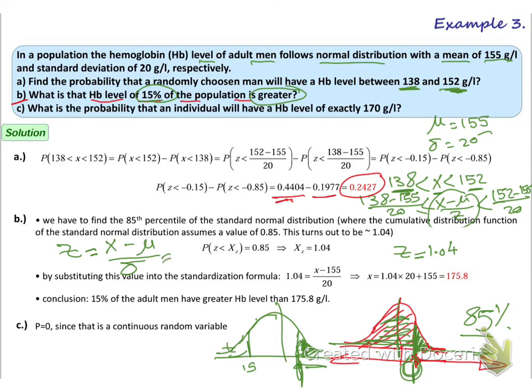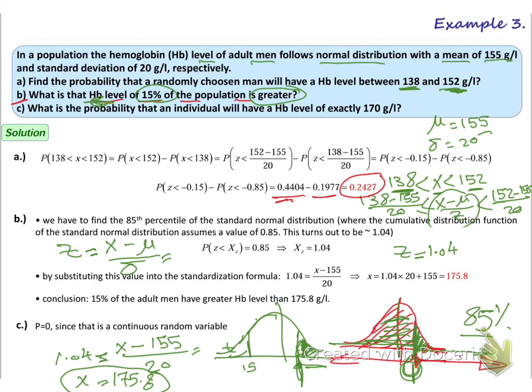So 1.04 equals X minus mu, which is 155, divided by sigma, which is 20. So X will be equal to 175.8. This is the blood pressure for which 15% of the people are more than this.